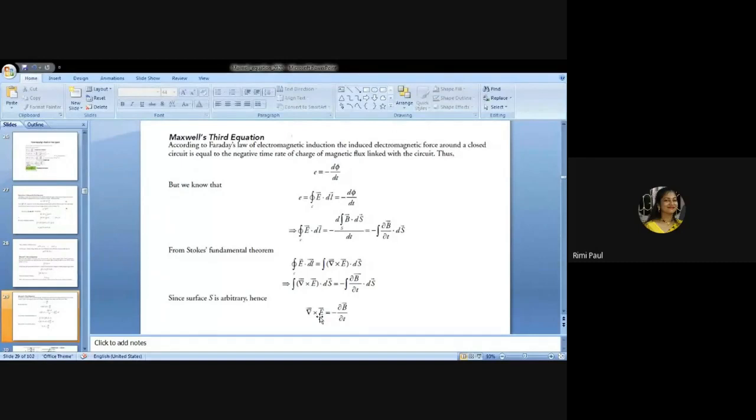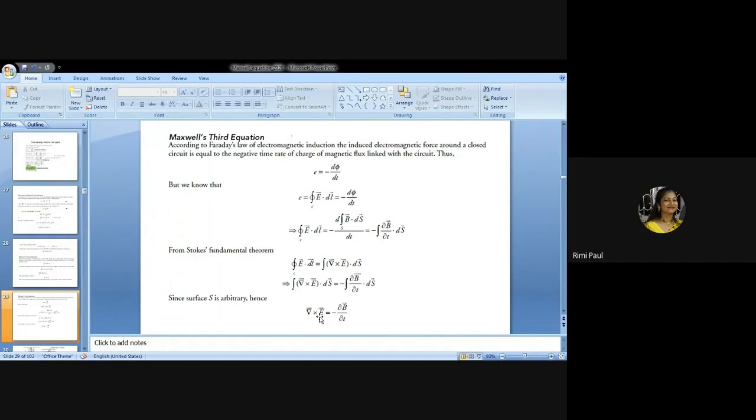So these time varying fields are known as dynamic fields. Previous was static field, now it's a dynamic field. And here we can see that E and B are interconnected and they are coupling.